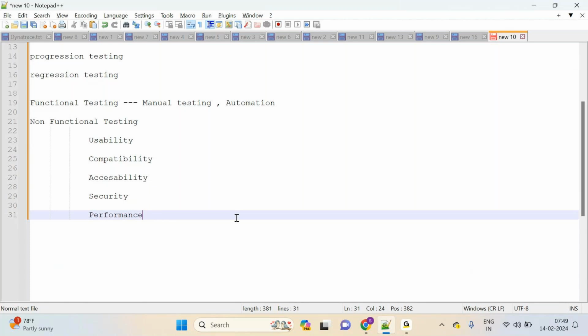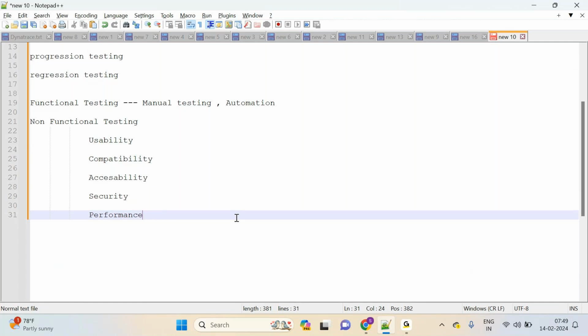Why are we using different tools? There are tools in the market, and even our scope of learning is NeoLoad. There are other tools like JMeter, LoadRunner, BlazeMeter, Gatling, k6, like that. A lot of tools are there in the market. Why are we going for so many tools?